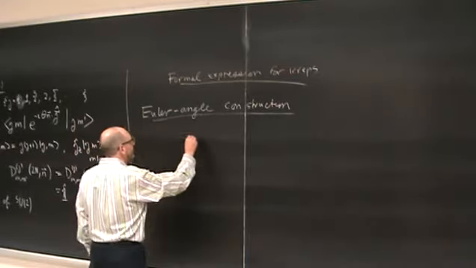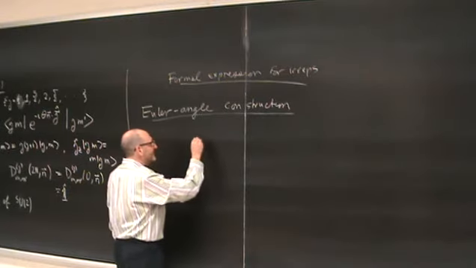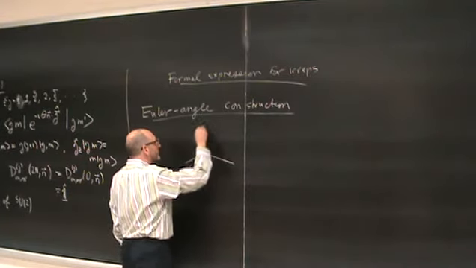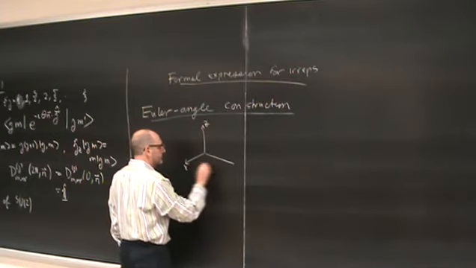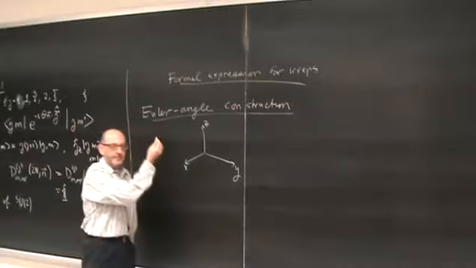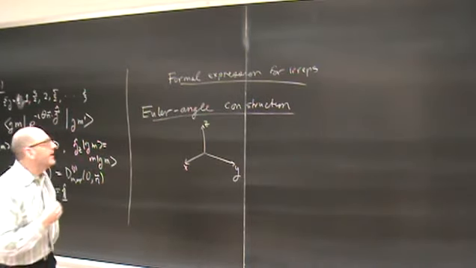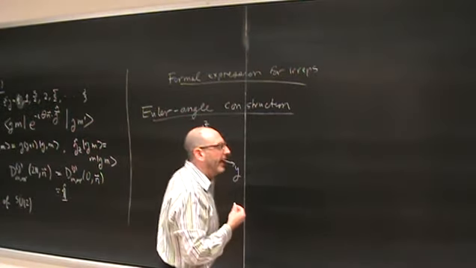So I can think about it from this perspective; I'll do my best. Here is some original Cartesian basis. Now I want to go to a new Cartesian basis. How do I define that basis?